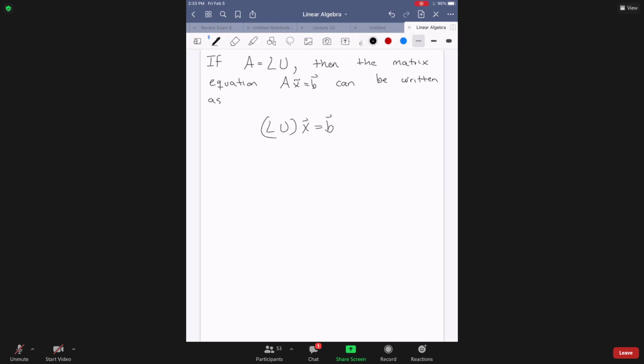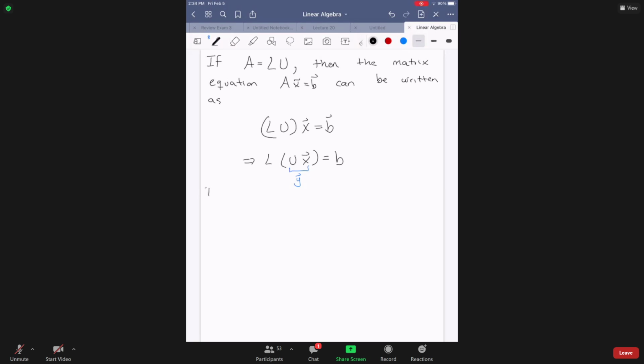You just replace A with what I just said. And since matrices commute, we can also rewrite it as L times U times X equals B, right? Let's call this guy right here the vector Y. So this L times U times X will give you a vector, right? So let's call this one Y.